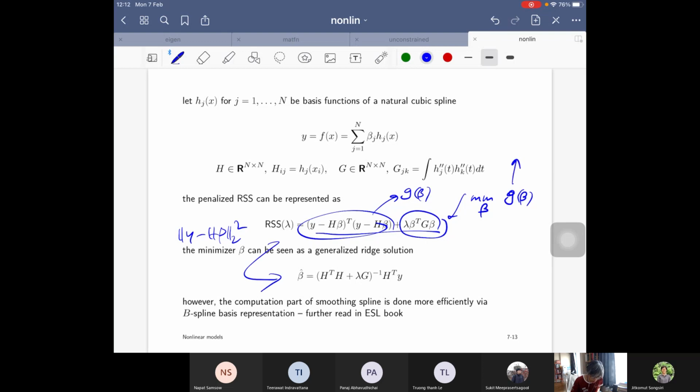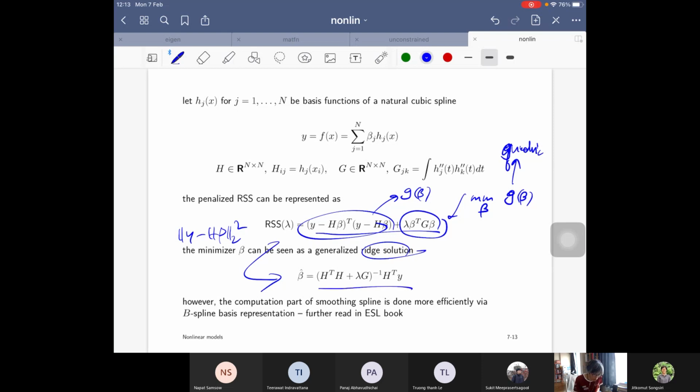Generally, you can say that this G is quadratic in beta. And the solution, which is given by taking the gradient and setting it to 0, is what we have seen before in the Ridge regression. We can prove that beta hat is given by this.